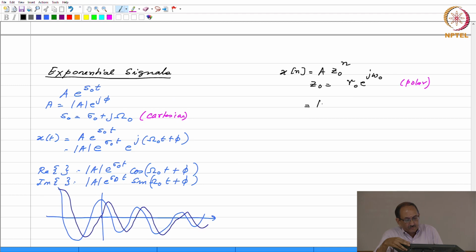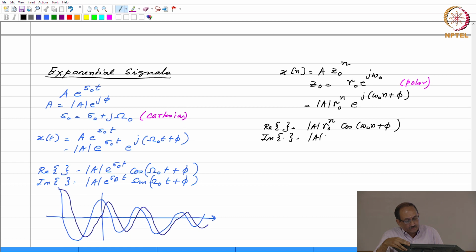So this becomes magnitude of A times r naught to the power n, e to the j omega naught n plus phi, and of course similarly the real part, and the imaginary part is the same with plus phi.